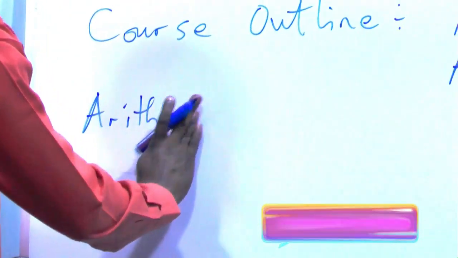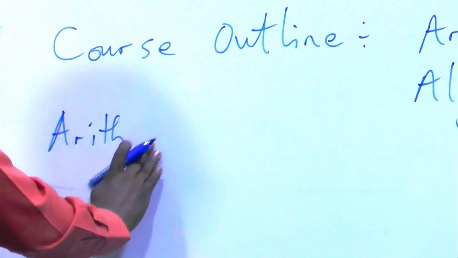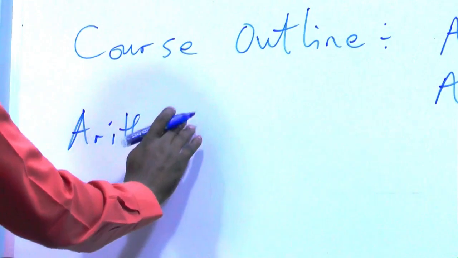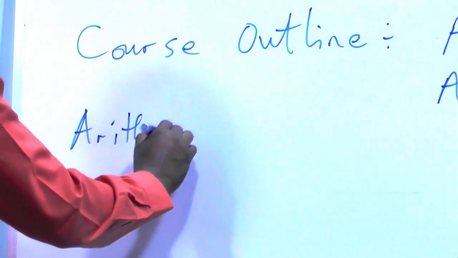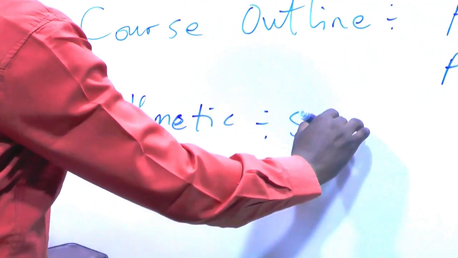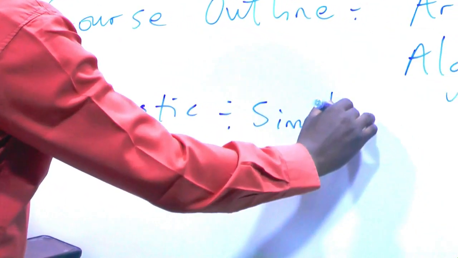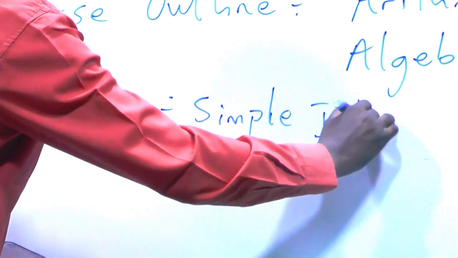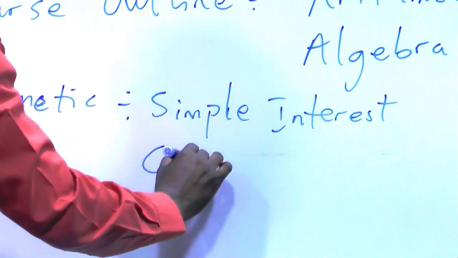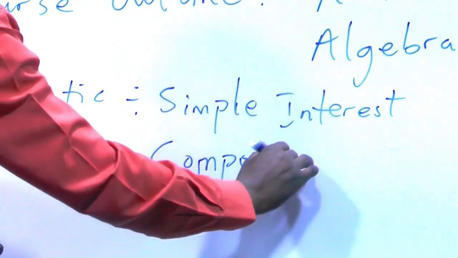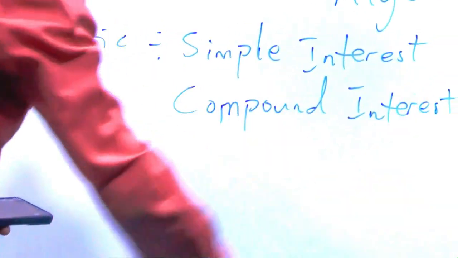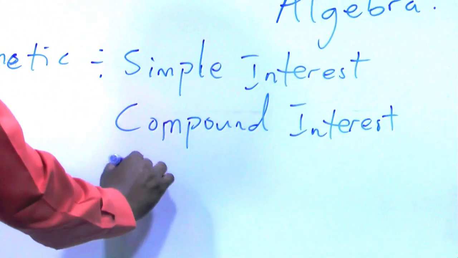Under the arithmetic, we are going to be talking about simple interest and compound interest. We talked about simple interest and what? And compound interest. We also have annuity.